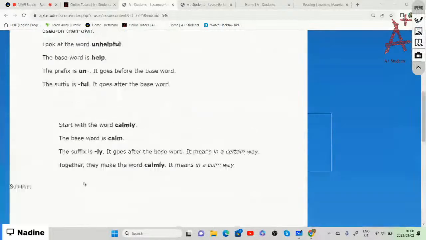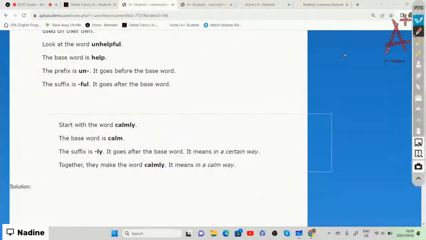If we also look at the words in the box, it says start with the word calmly. If we break up the word calmly, the word that can stand on its own is calm. So calm is the base word that can stand on its own.